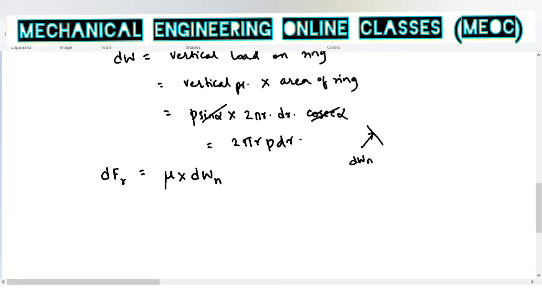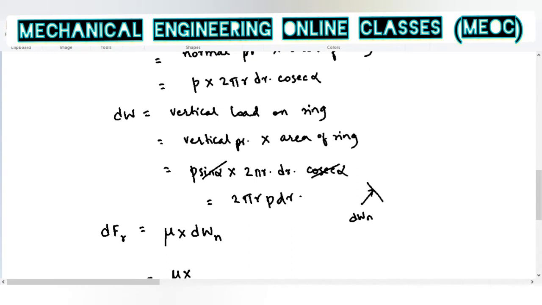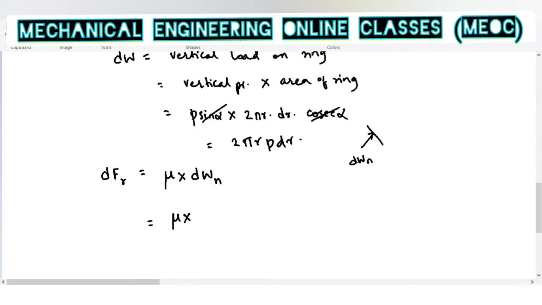So mu into dWn, we have already established a relation for dWn. I am rewriting that. It is equal to 2 pi r p dr into cosecant alpha.